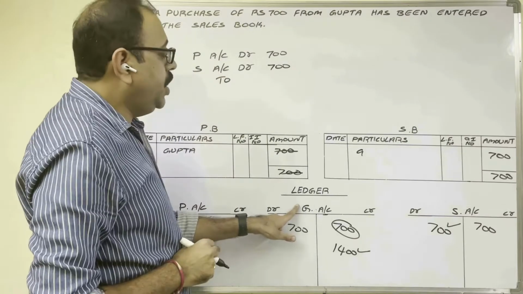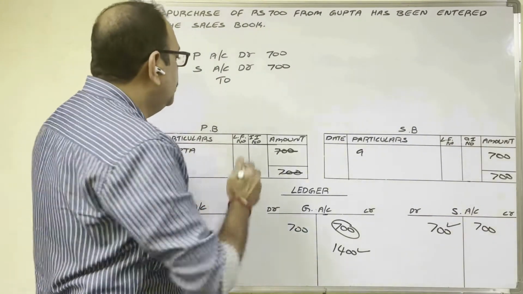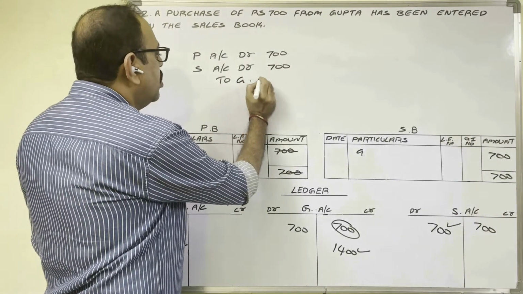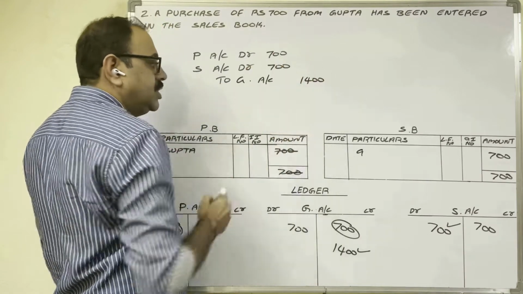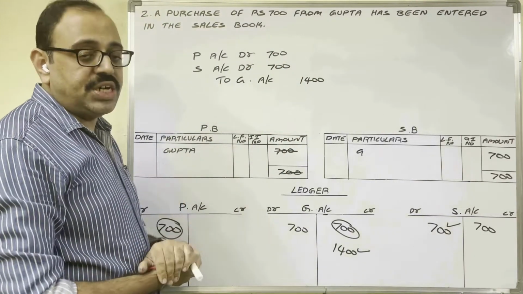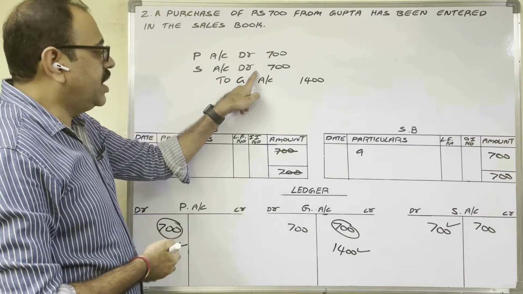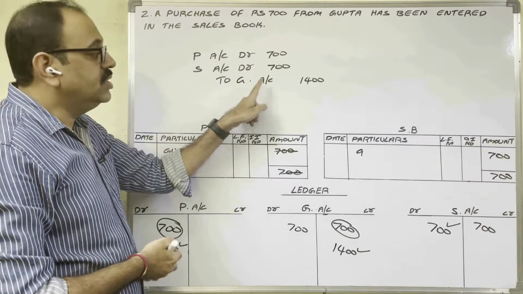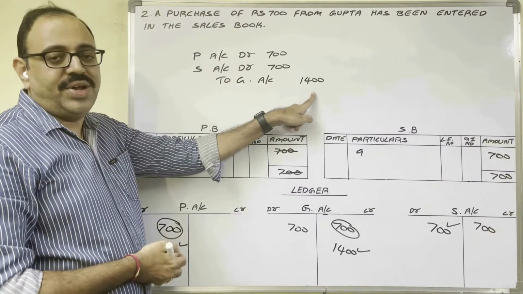In Gupta's account, credit side 1400 is the answer. Therefore, Gupta's account should be credited with 1400 rupees. Final rectification entry is purchase account debtor, sales account debtor to Gupta account. 700, 700 and for Gupta 1400 rupees.